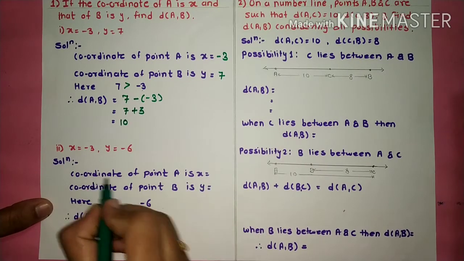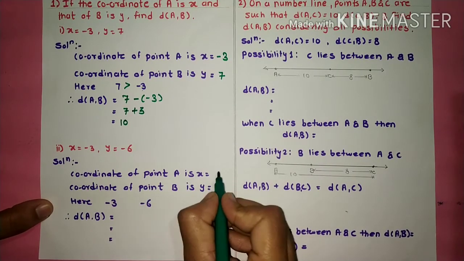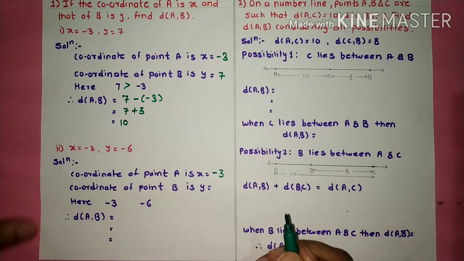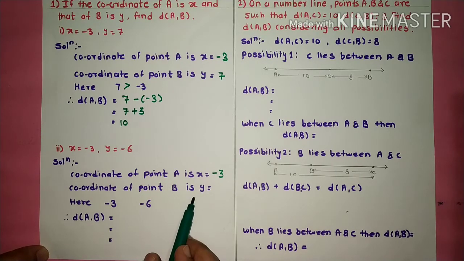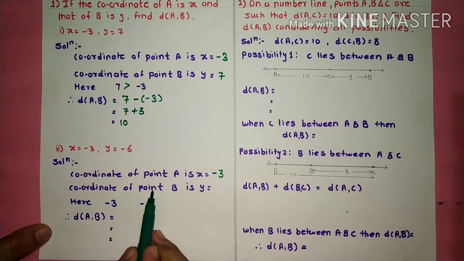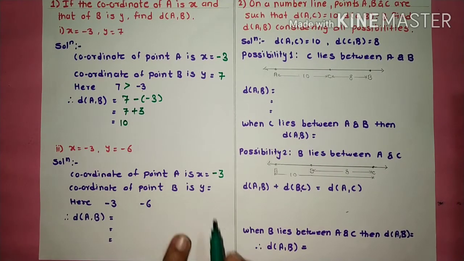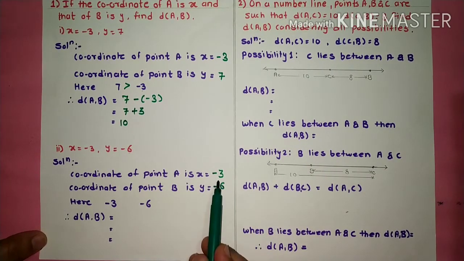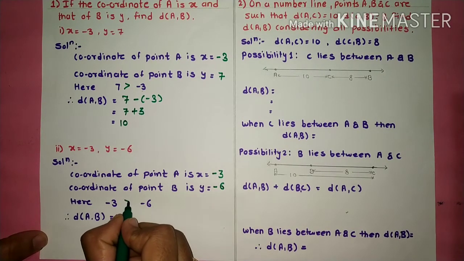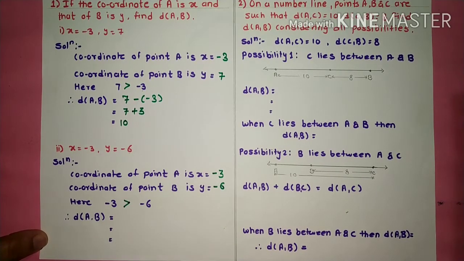Therefore write down here: coordinate of point A is x equals -3, and coordinate of point B is y and the value of y is -6. Therefore we can write coordinate of point B is y, which is equal to -6. Here -3 is greater than -6, which means the coordinate of point A is greater than the coordinate of point B.